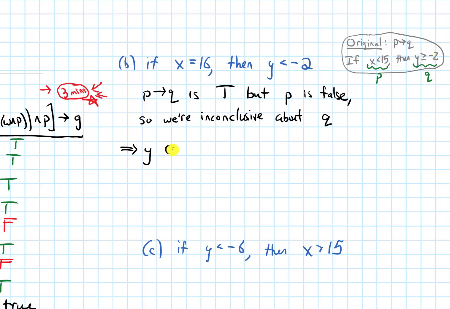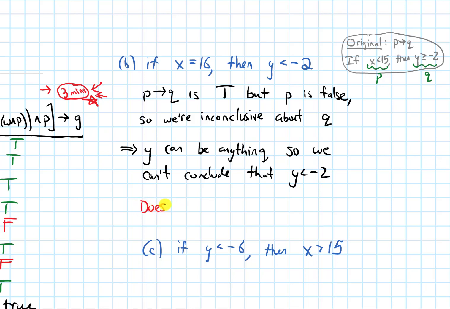So that means that y can be anything. So we can't conclude that y is less than -2. So part B, this does not logically follow from the original statement that we had.